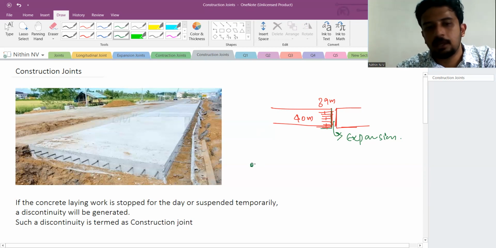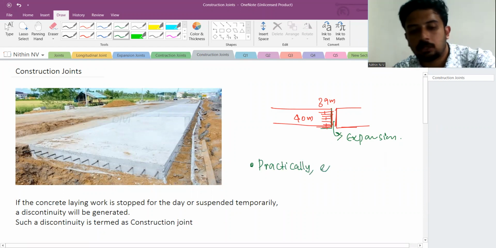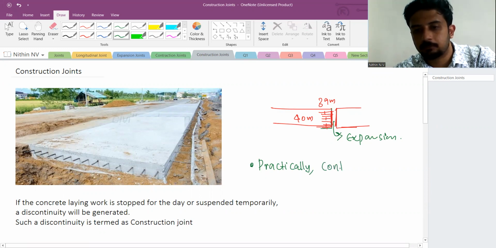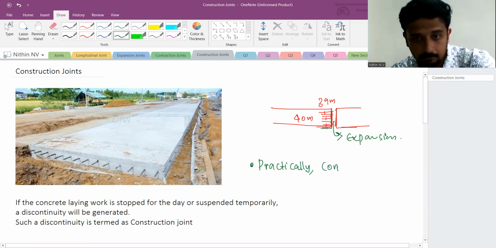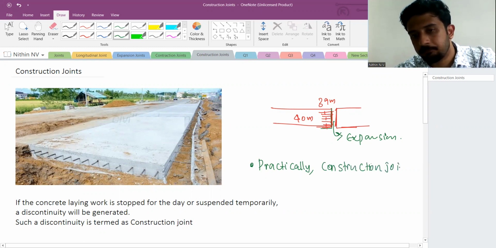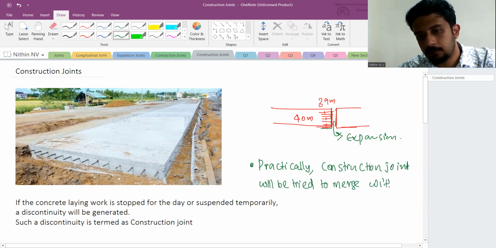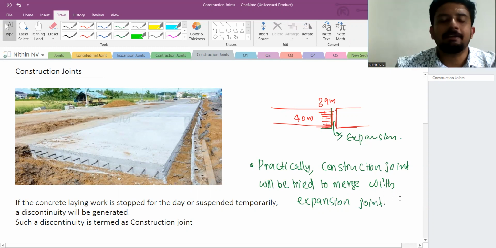So that point you can write practically: the construction joint will be tried to merge with which joint? Expansion joint. Understood? But every time it may not be possible, right?